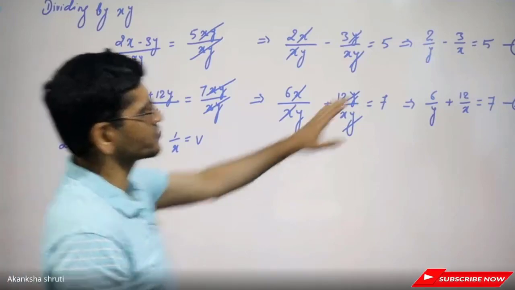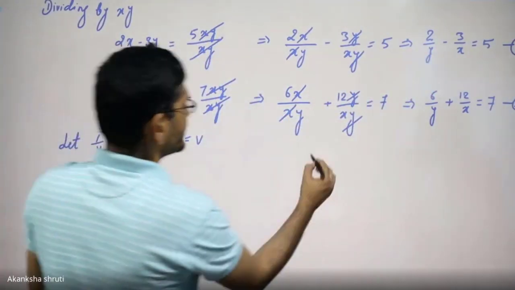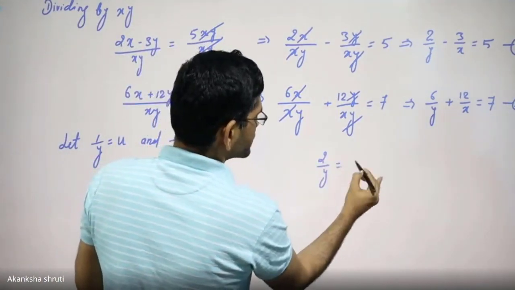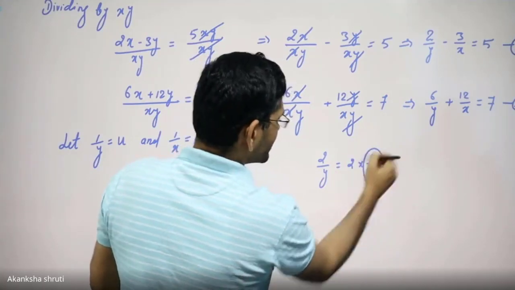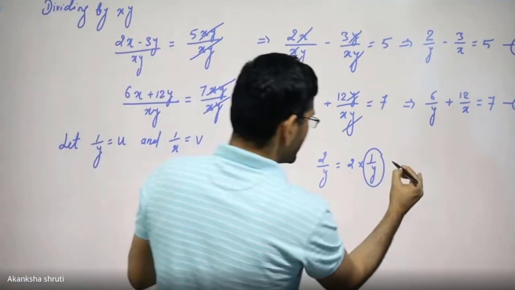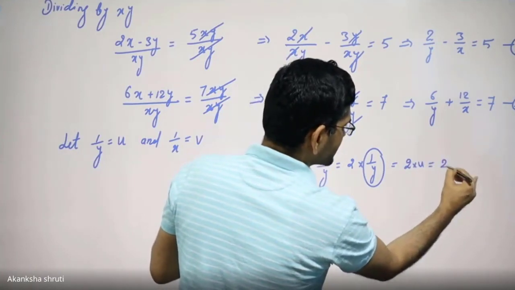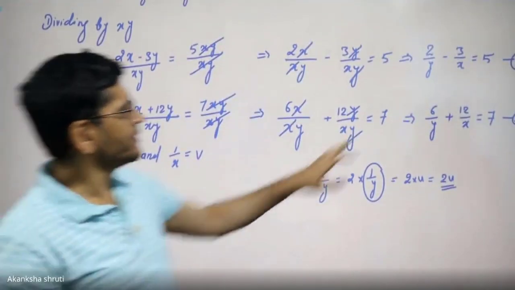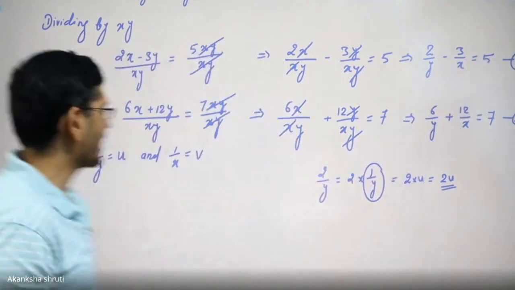Students, keep in mind what we have. Many times students get confused why I am writing this way and how I am writing. We have the term 2 by y. So 2 by y is what? 2 into 1 by y. So if I am assuming 1 by y as u, it gets converted into 2 into u, and directly we write this as 2u. Once we have suitably assumed the variables, the equation appears very simple.